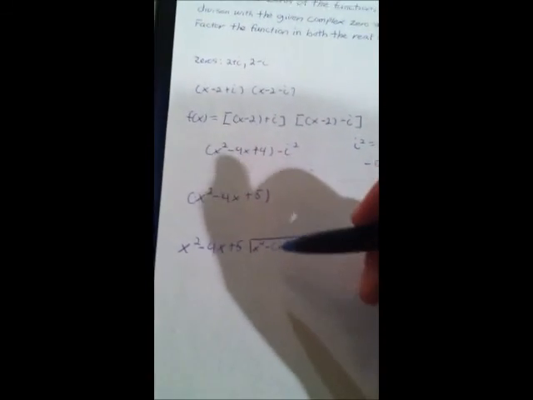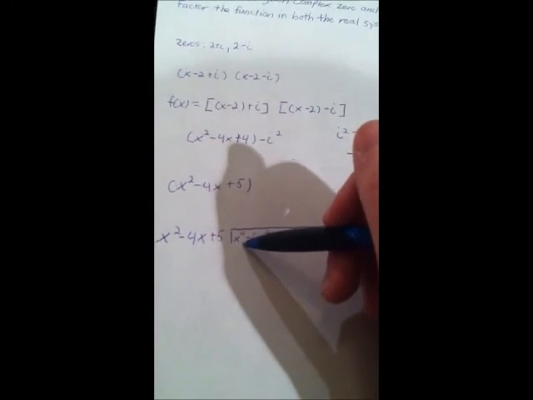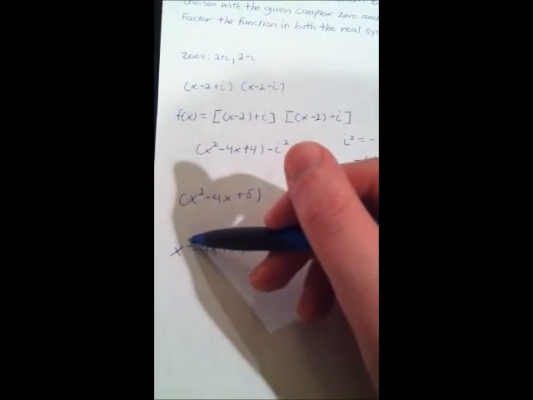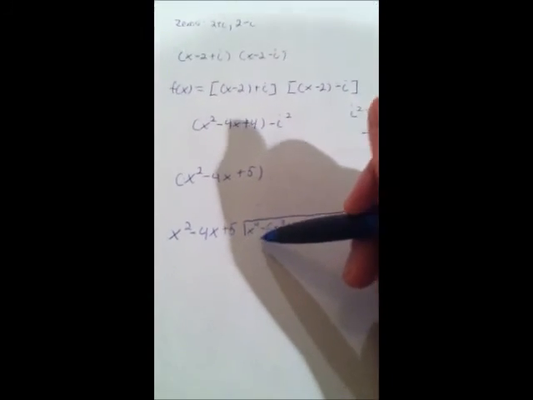I take a number that will make this x to the fourth. What number multiplied by x squared will make x to the fourth?